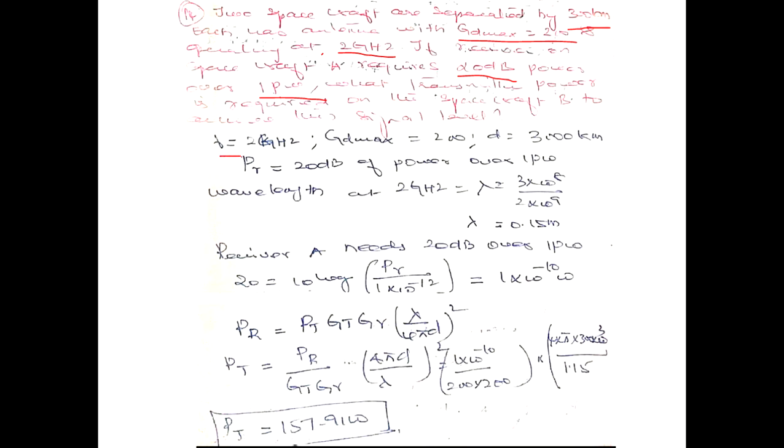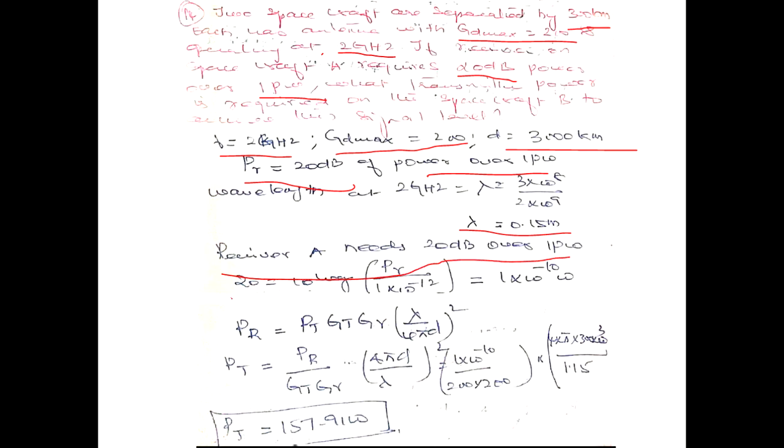Here the given parameters are the frequency F, G max, and the distance D, which is 300 kilometers, and the received power, which is given over 1 picowatt. First we calculate lambda using the formula C by F. Then the received power at A needs 20 dB over 1 picowatt.